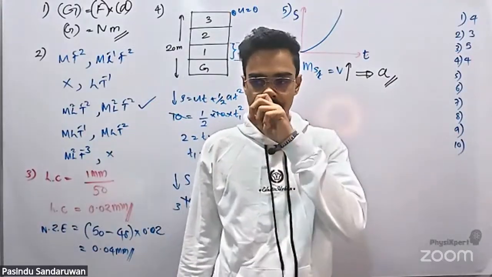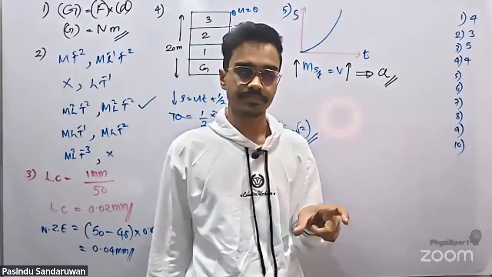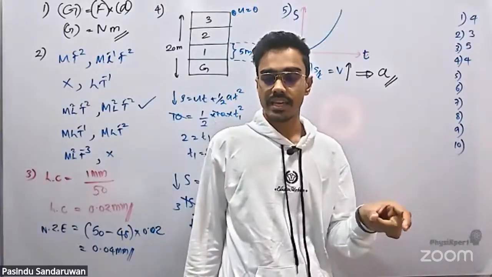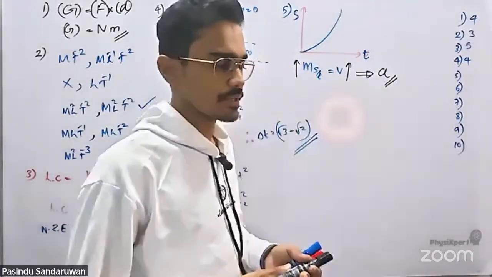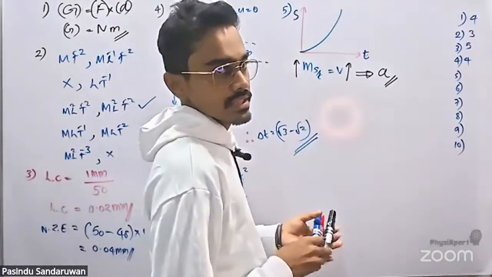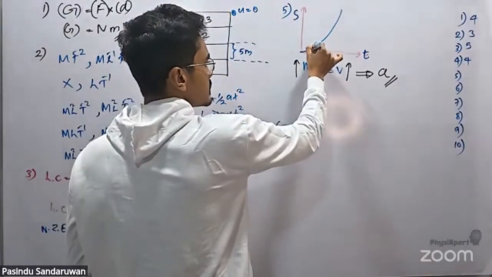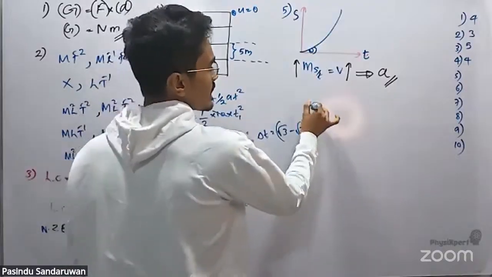If you need to check the initial velocity, check the initial gradient. Initial gradient is here. See?